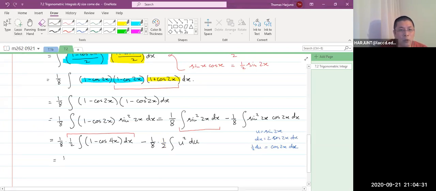Then I get 1/16 integral of 1 is x, integral of cosine 4x is 1/4 sine 4x, minus 1/16 times 1/3 u cubed plus constant.